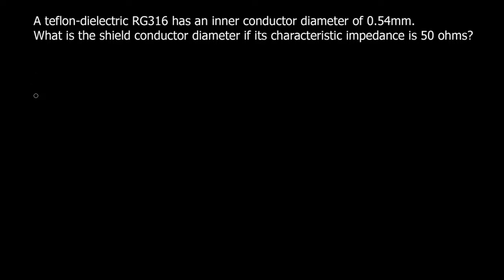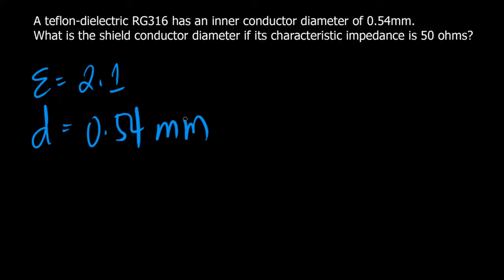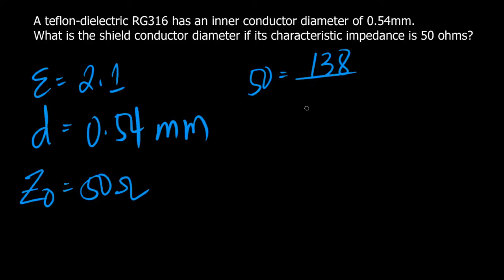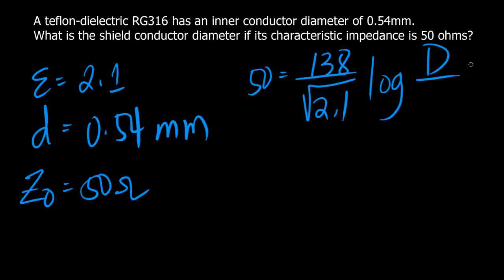So, let's write down ang aton nga dielectric is Teflon, so ang dielectric constant should be 2.1. Ang inner conductor diameter niya, so that's the small d, that's 0.54 millimeters. And the characteristic impedance Z0 is 50 ohms. So, set up your equation, that's 50 equals 138 over square root of 2.1 log the big D, which we need, over 0.54.